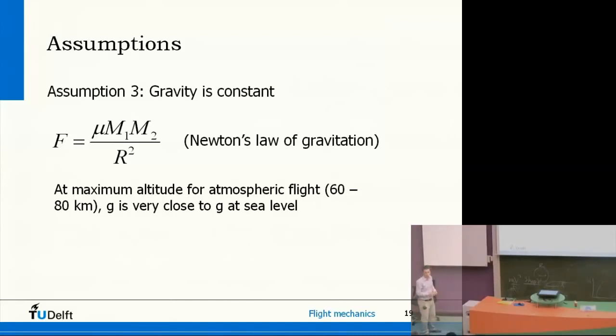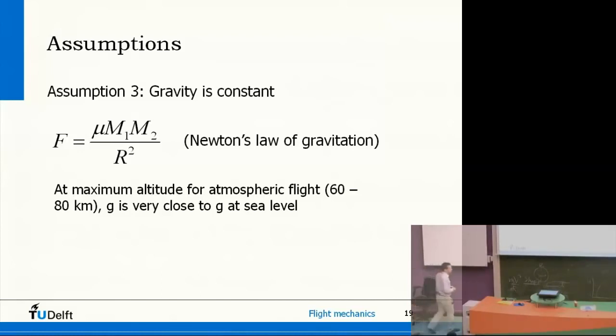constant. And that's in fact not completely true. If you go into space and a mass is further away from the Earth, you would notice the Earth to a lesser extent. So gravity is not constant, but if you consider normal aircraft flight up to say 80 kilometers, then gravitational acceleration is almost the same as at sea level.